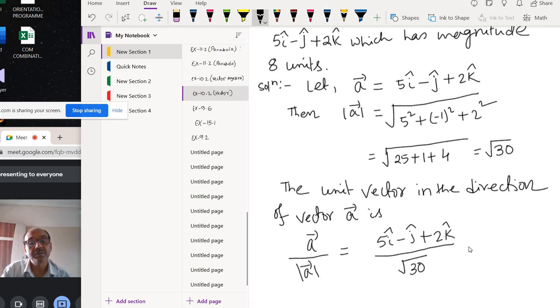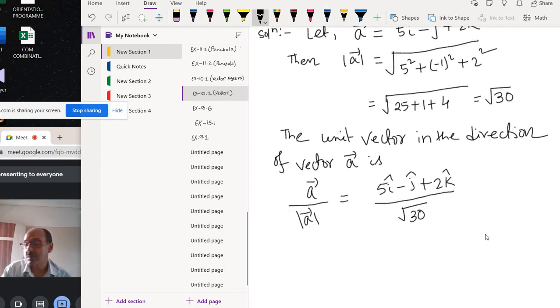This equal to, okay, this is the unit vector.